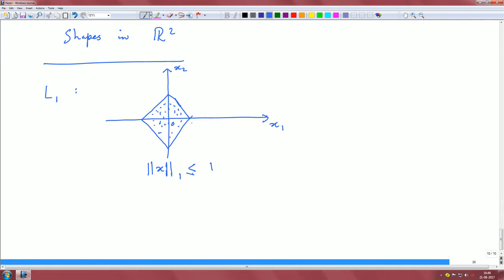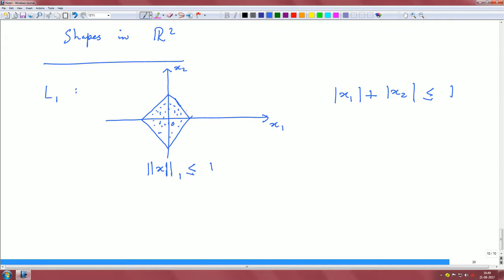So, this basically implies modulus of x1 plus modulus of x2 is less than or equal to 1. We need to satisfy this equation.